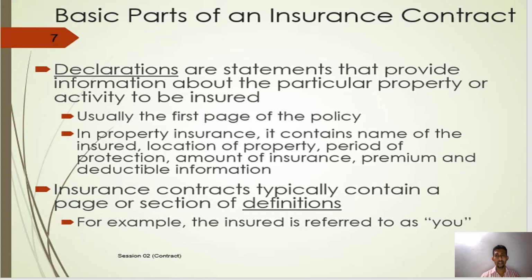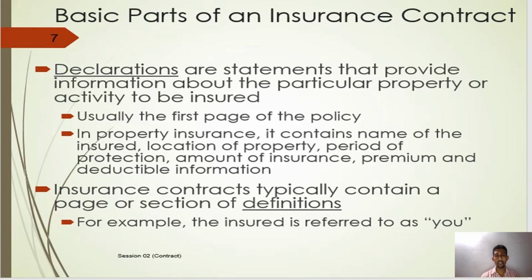Declarations are the statements that provide information about the particular property or activity to be insured. In other words, they show some of the key details of the contract. It's usually on the first page of the policy.